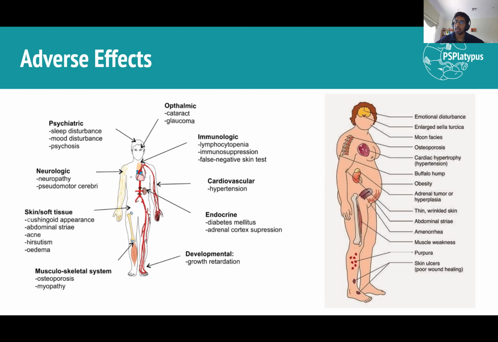It's been described by faculty as an orange on sticks. I'm not sure how much I get that particular analogy, but it's there if you want it. I think it's basically a combination of the skin texture that you get, and also the fact that you have central obesity, whereas the limbs may be relatively unaffected. Oh, and one more thing, scarring. You get scarring of the skin much more easily than before.